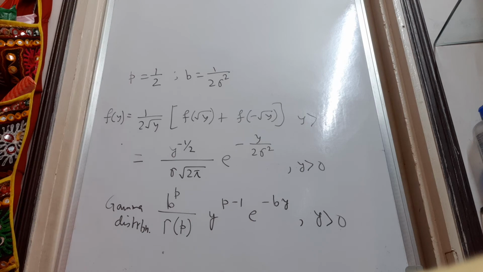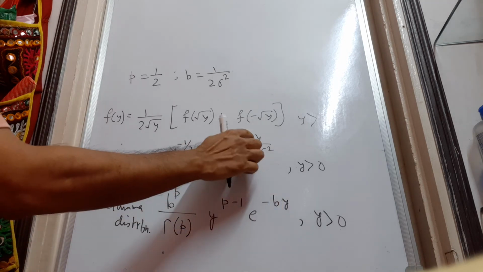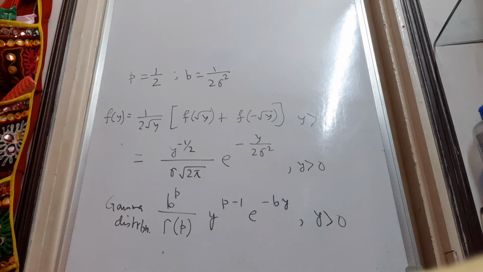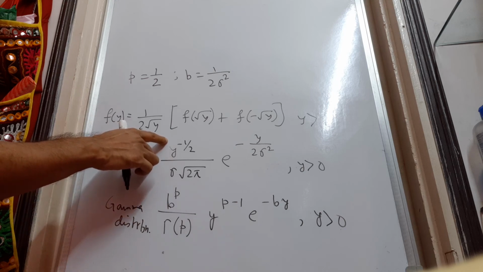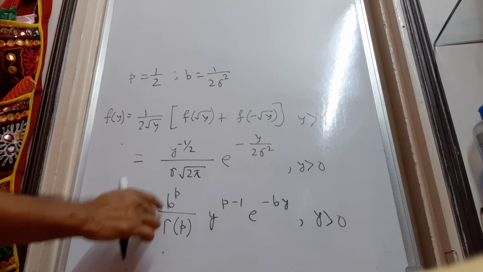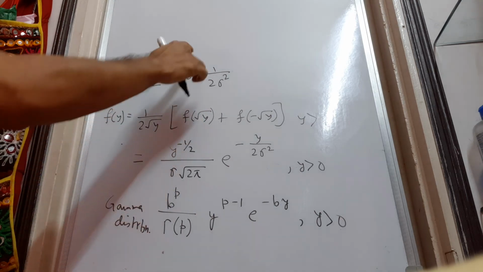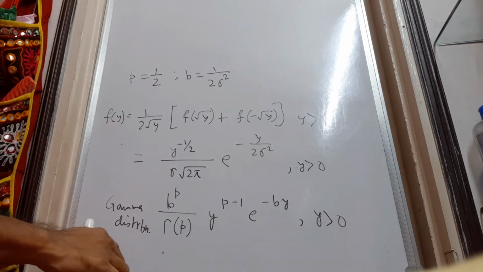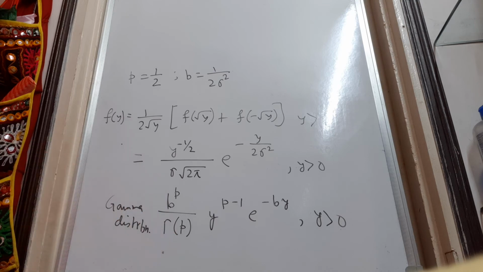Just see that we have compared these two, and the coefficient of y gives b equal to 1 by 2 sigma square, and if we put p equal to half, we have y to the power minus half, and this term matches completely, because when p is half and b is 1 by 2 sigma square, this is 1 by 2 sigma square whole to the power half, which gives us this, because gamma half is root pi.